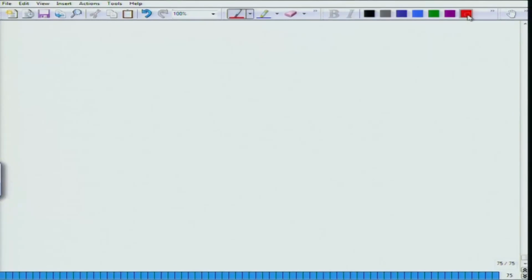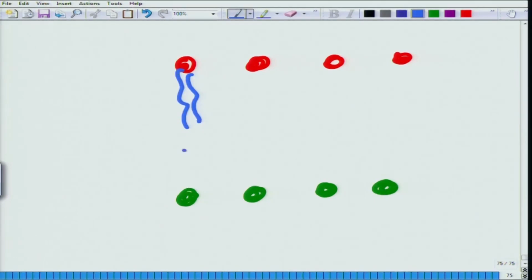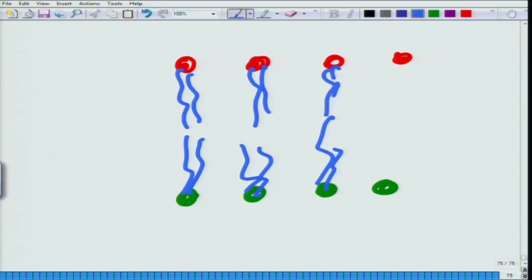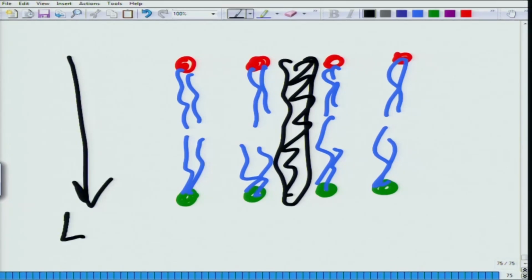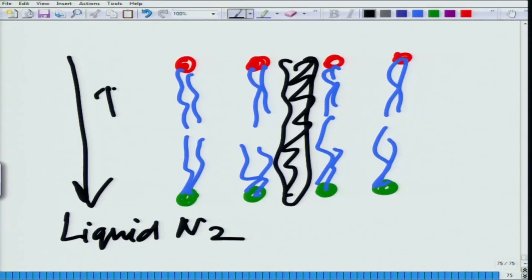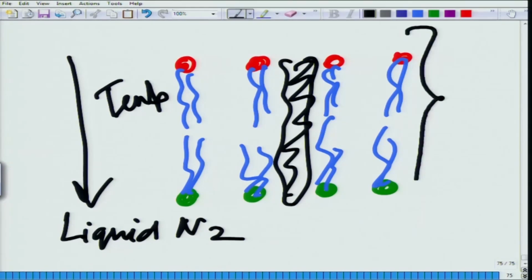So, this is your membrane structure, and here is your protein of choice. So, now I bring down the temperature to liquid nitrogen temperature.